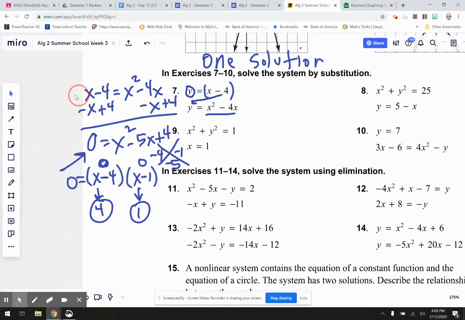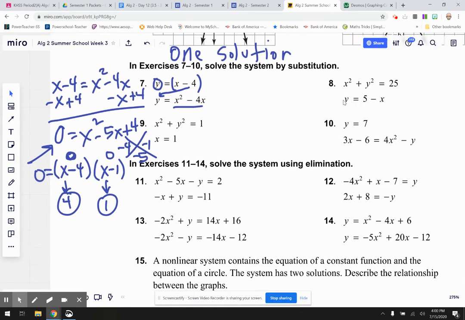So if we look at number 8, I would take out the y and plug in the 5 minus x. It's going to be a little bit more intense because it's going to be 5 minus x squared, because we have y squared. So it's going to be x squared.